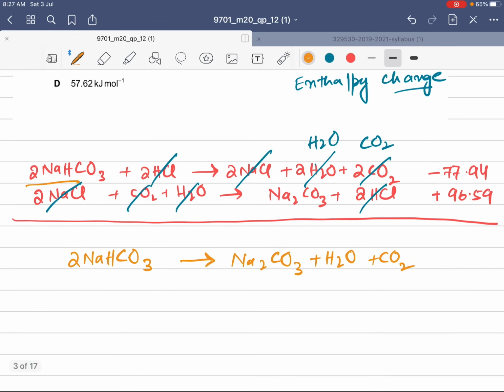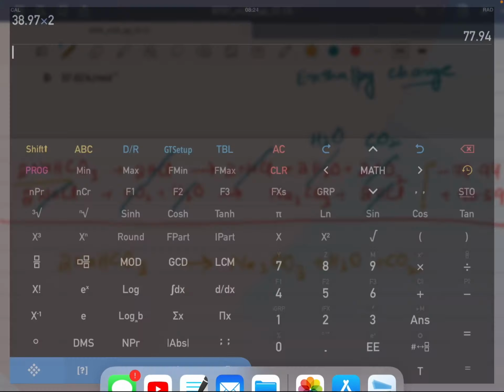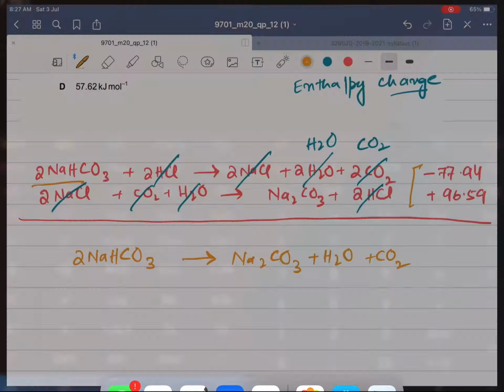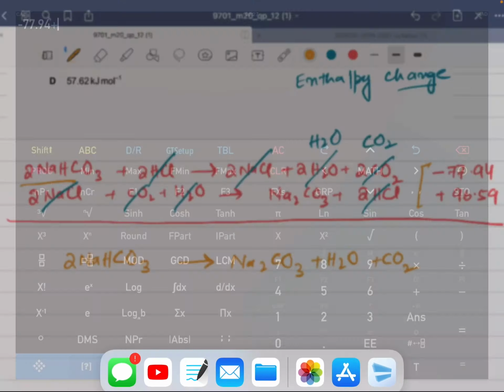Now how would we find the delta H? Just add these two numbers. Minus 77.94 plus 96.59.